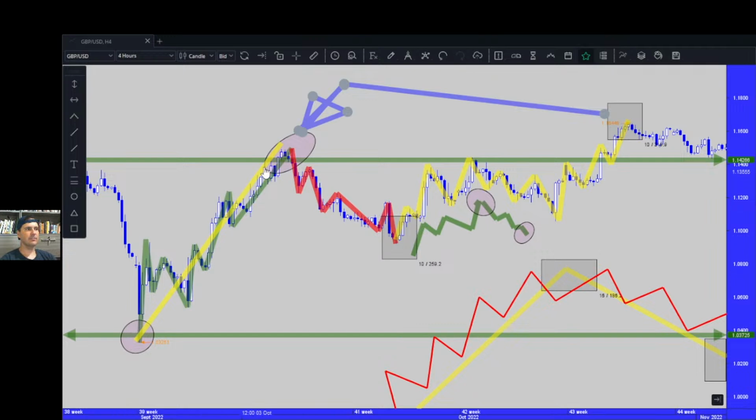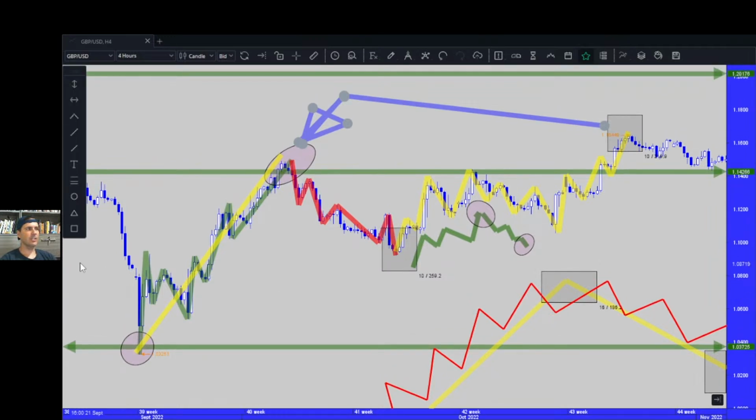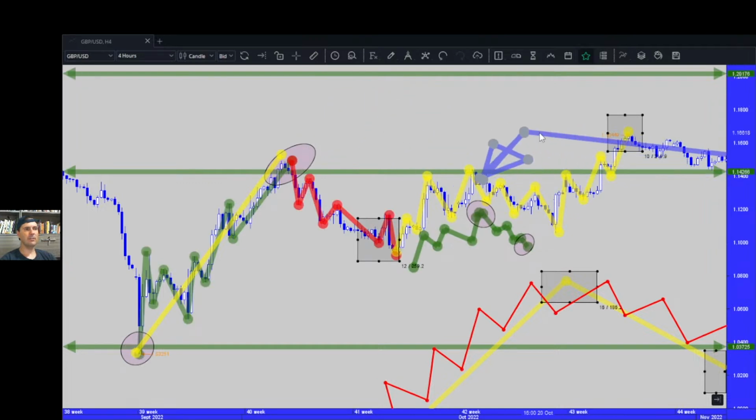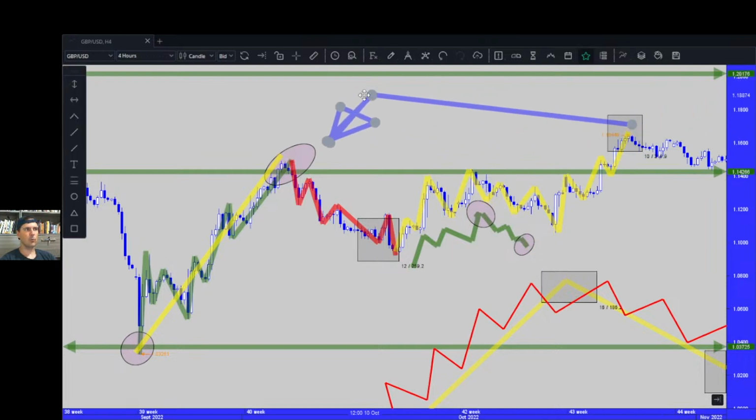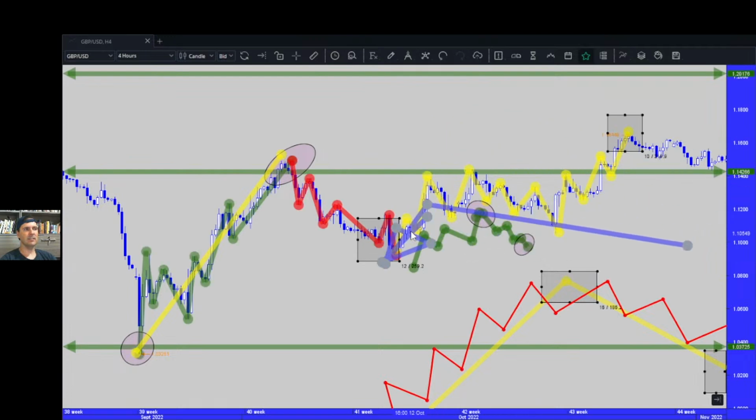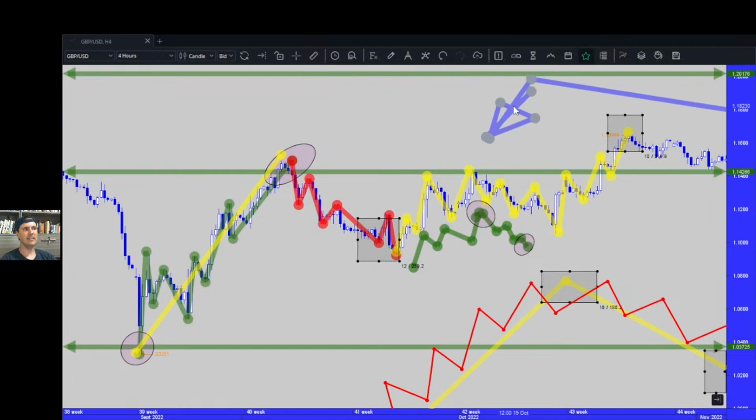Once you determine the relevant low, relevant high, relevant low, then in between you have a bunch of highs and lows which are not relevant. Why not? Because the sequence is not ending as a lower low, and the sequence is not ending as a higher high either. Make sense?